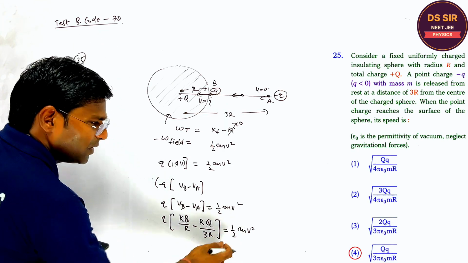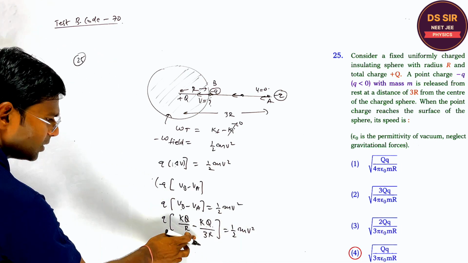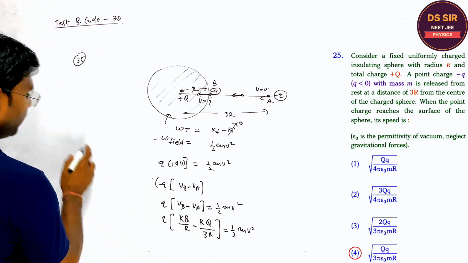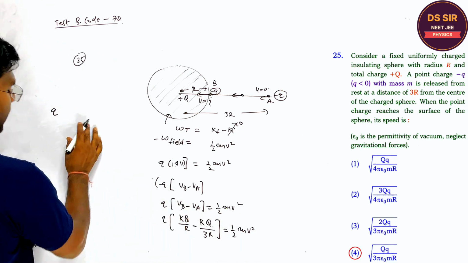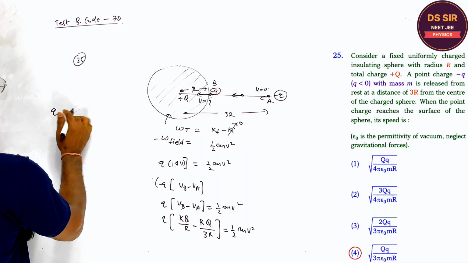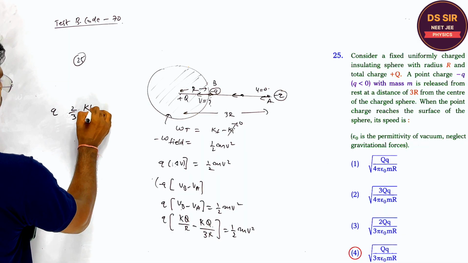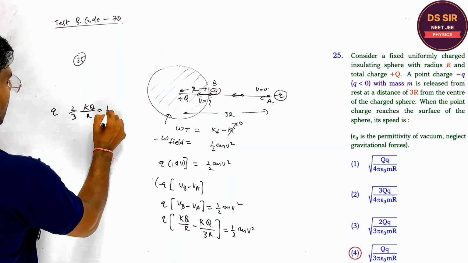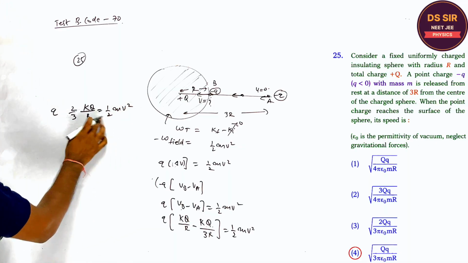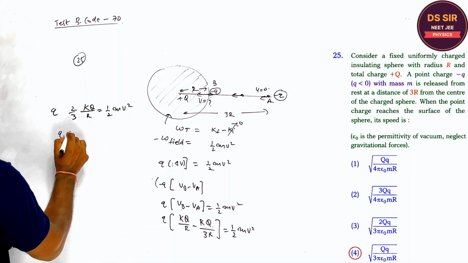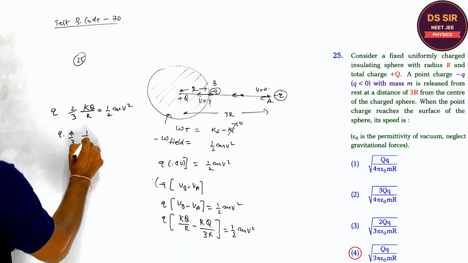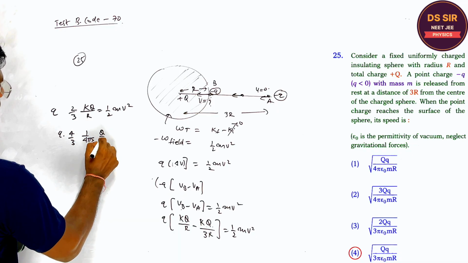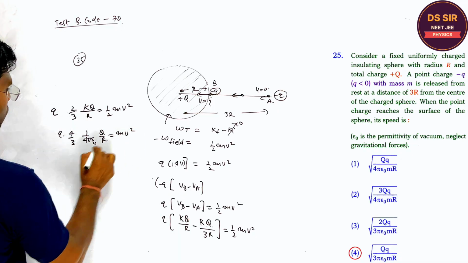Okay, if you simplify from here, half m v square becomes equal to what? If you simplify further, it becomes 2 by 3 kQ upon r equal to half m v square. Now the value of k is 1 upon 4 pi epsilon naught, and it is Q upon r into m into v square.